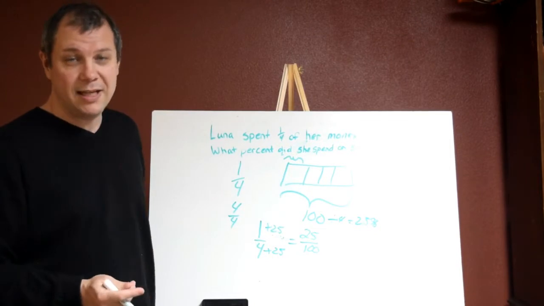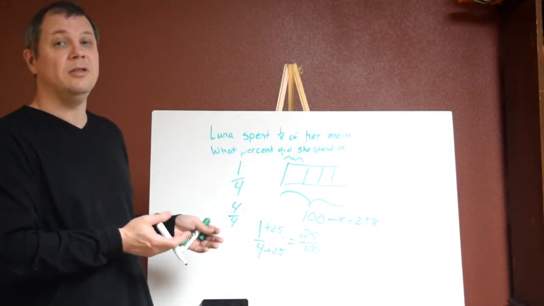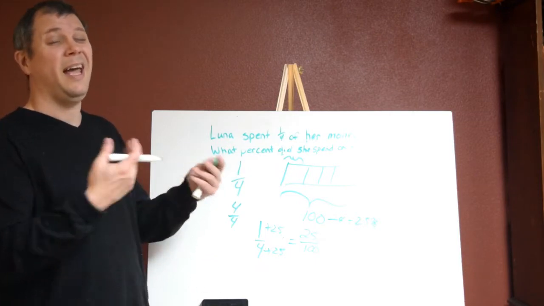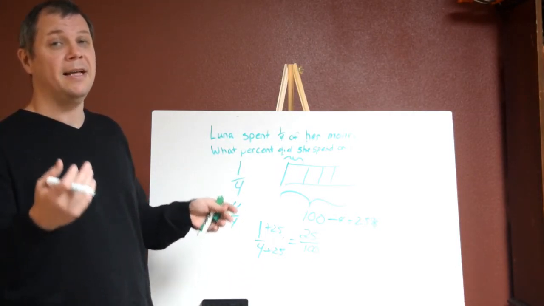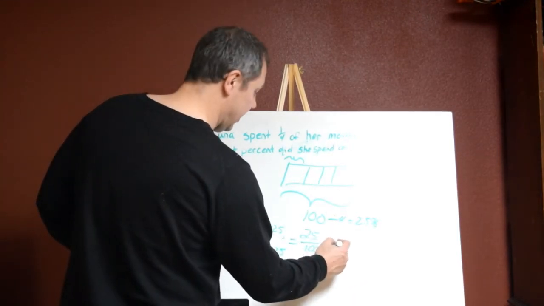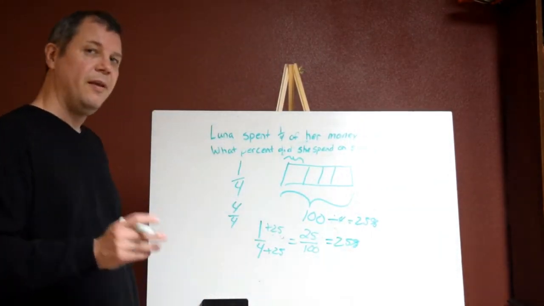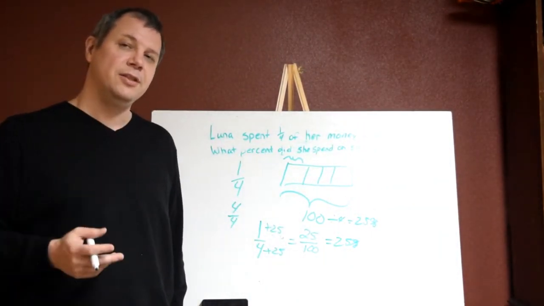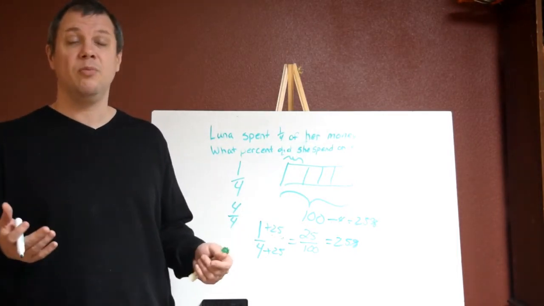Now, based on what we did yesterday, we know that if we have a fraction with a denominator of 100, I can just write whatever the numerator is as my percent. And so my percent equals 25. We're going to do at least 2 questions here together, and then I'm going to give you an opportunity to do a few problems on your own.